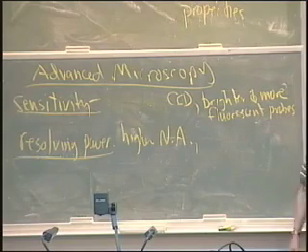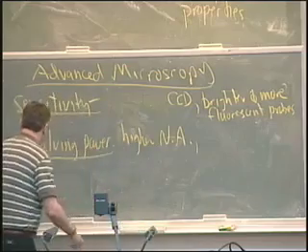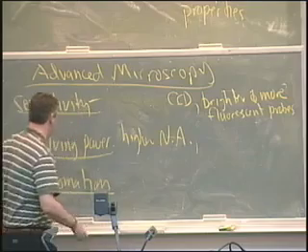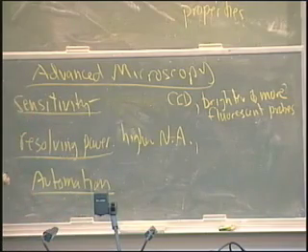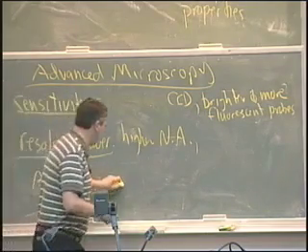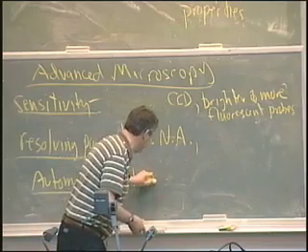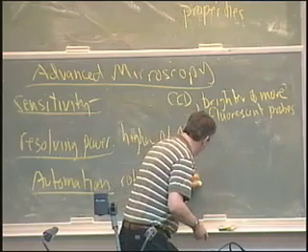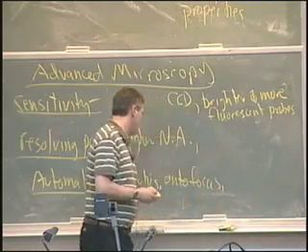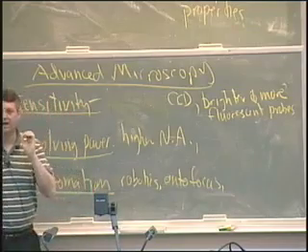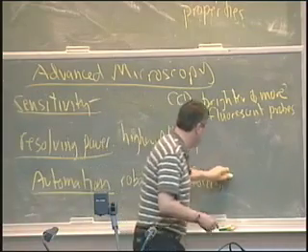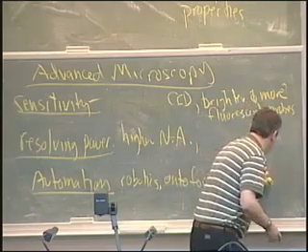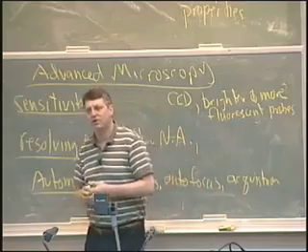Other kinds of innovations include automation. So, for example, there are robotics that prepare samples and actually collect images. There are automatic focus stages. And then there are automatic image acquisition systems. And this has allowed several new types of endeavors to take place.